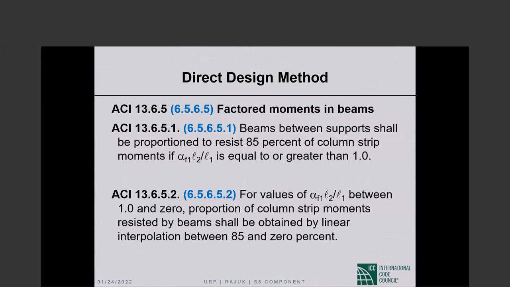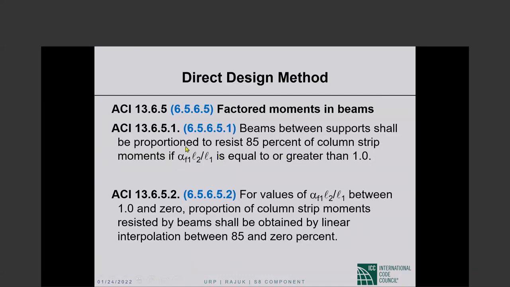Okay, if the column strip does include a beam, beams between supports shall be proportioned to resist 85% of the column strip moment, if the beam is reasonably stiff. So the beam takes 85% of the column strip moment and the strips of slab on two sides of the beam carry only 15%.